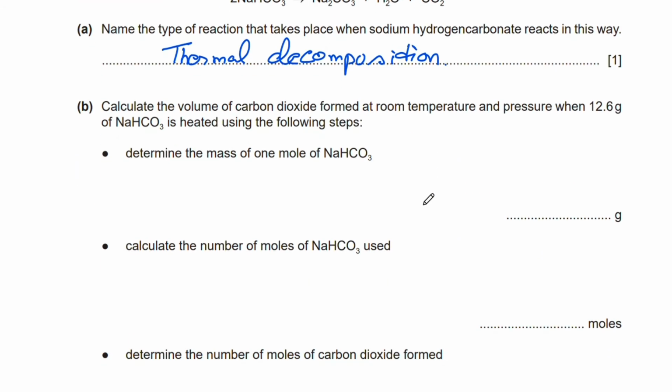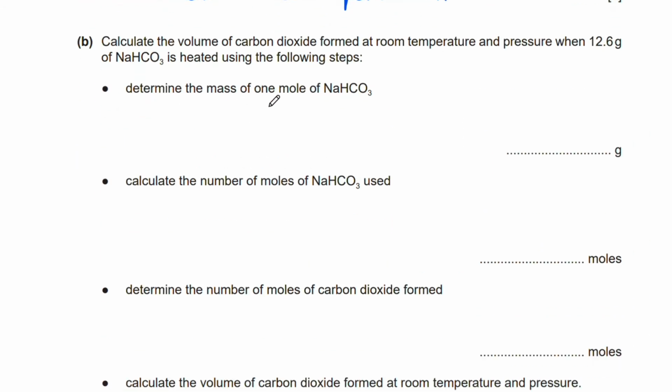Now, calculate the volume of carbon dioxide formed at room temperature and pressure when 12.6 grams of NaHCO3 is heated, using the following steps. You have to determine the mass of 1 mole of NaHCO3.